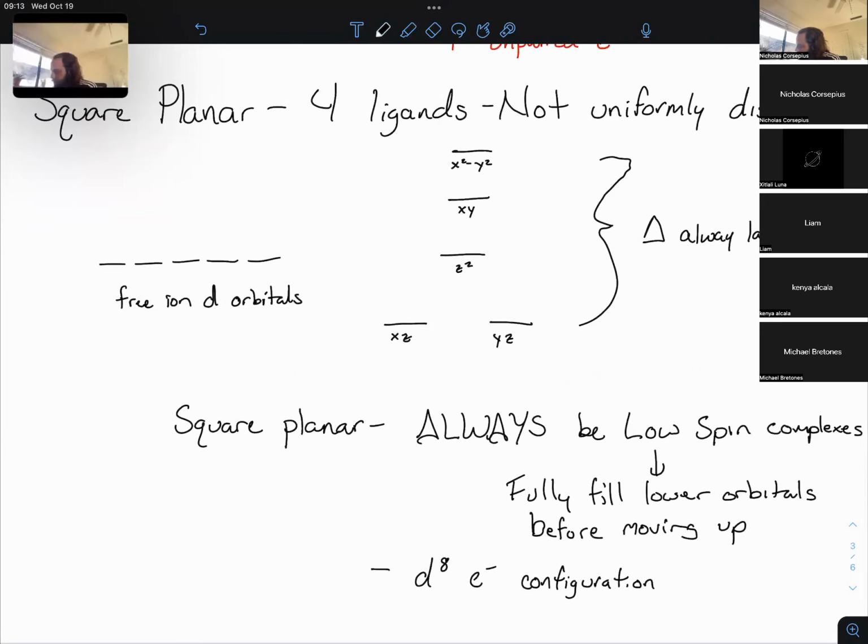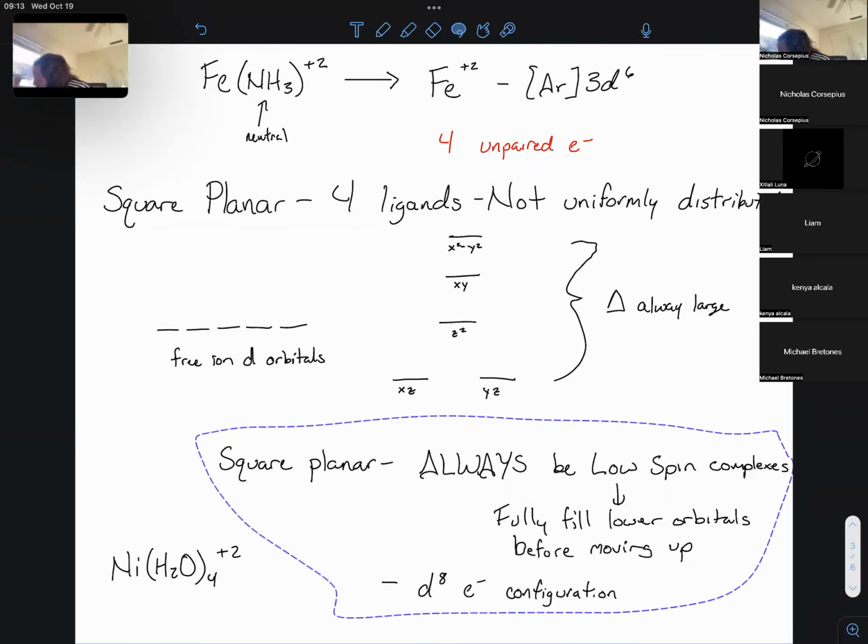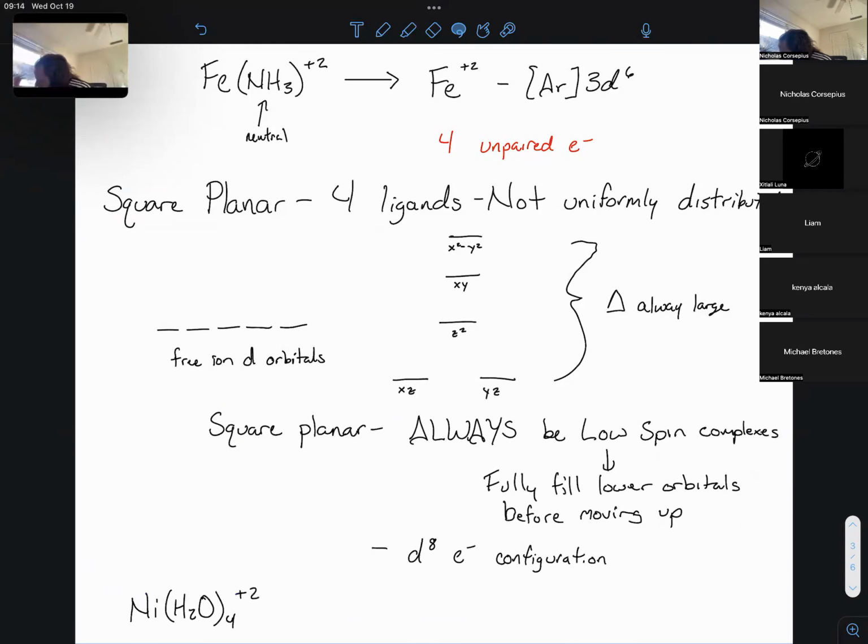All right, so then just to finish this off with an example, let's do nickel. Okay, so this is our complex. Again, I've got to figure out the oxidation state of my ligand.